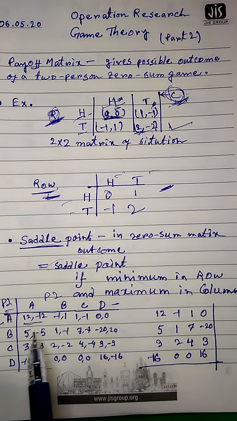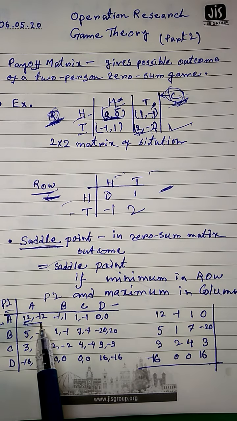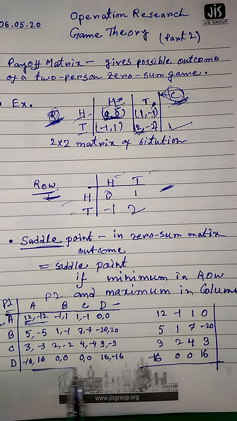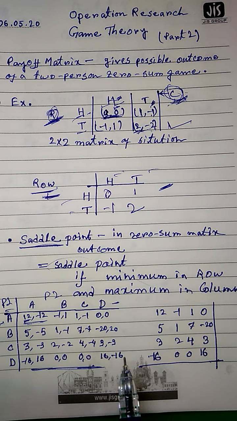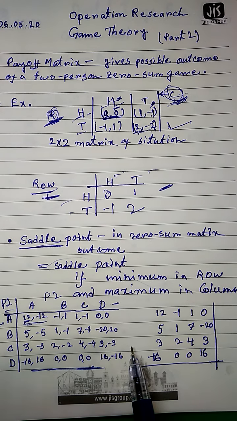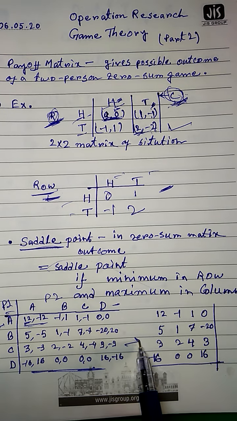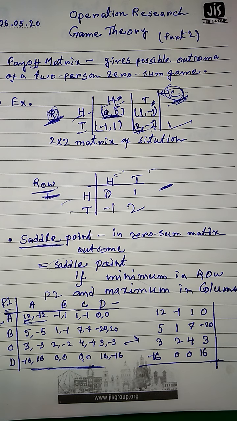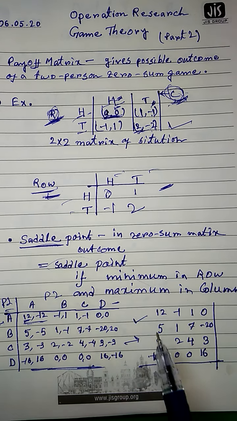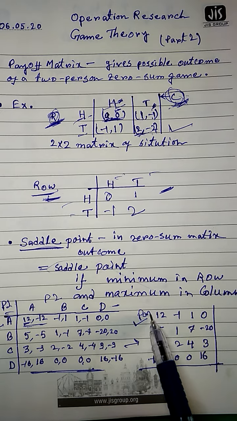This is the matrix of situations I have already written down. From here I get the payoff matrix. Only row values need to be written, so it will be this matrix. This is the payoff matrix.